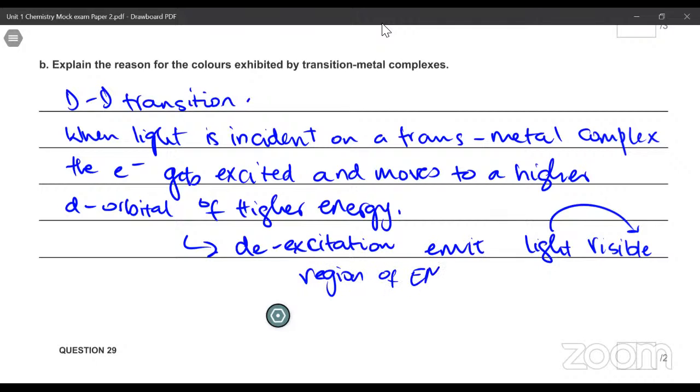All right? So that's basically why it's colored. And the whole thing about how we see light, the colors we don't see, they are absorbed, while the ones we see are the ones that are reflected onto the retina.